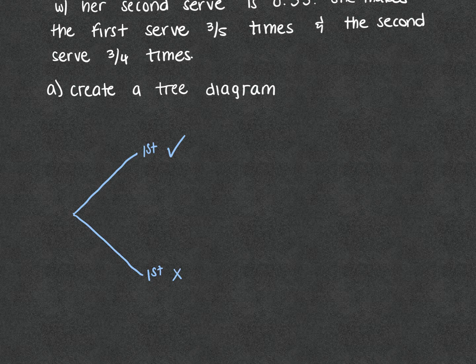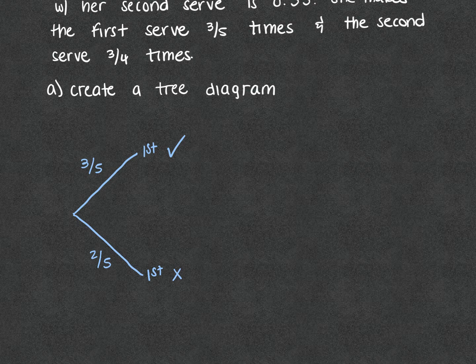The probability that she got her first serve was 3 out of 5. So what would be the probability that she misses her first serve? Because it doesn't tell us that right out. We know that if 3 out of the 5 times she gets it, that would leave 2 out of 5 times that she would miss it, okay?